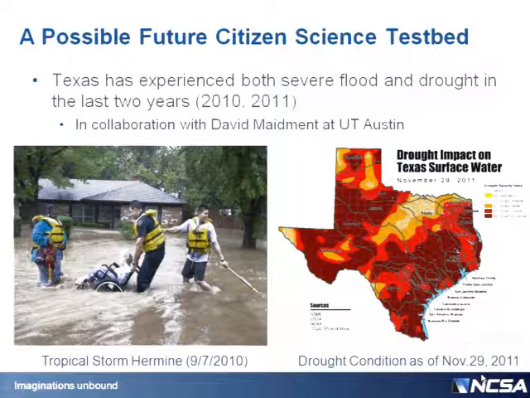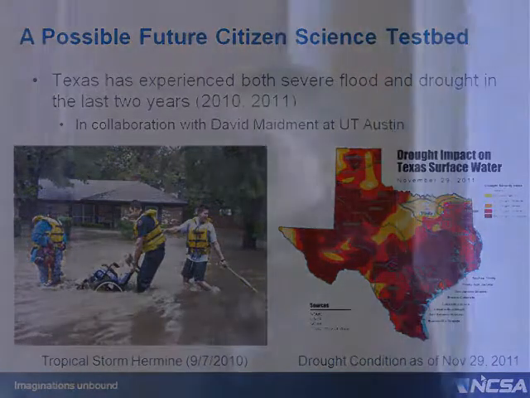So having implemented this prototype, we are looking for possible future citizen science test beds. One of the discussions on the way right now is a collaboration with Professor David Maidment at the University of Texas at Austin. Texas has experienced both severe flood and drought in the last 2 years, 2010 and 2011. In 2010, there was a big storm called Storm Hermine, with several human deaths and huge property loss.